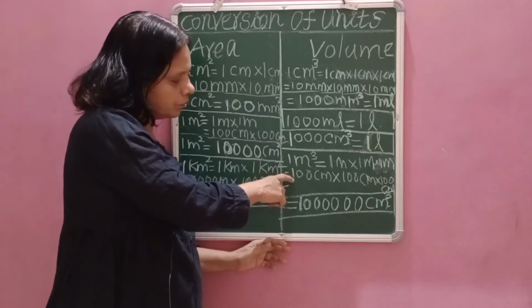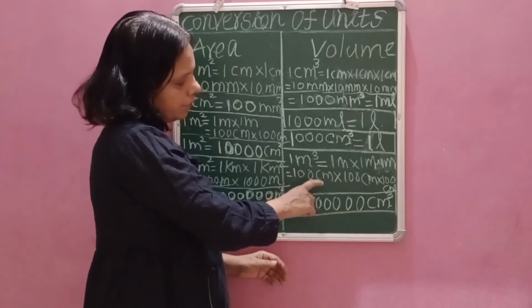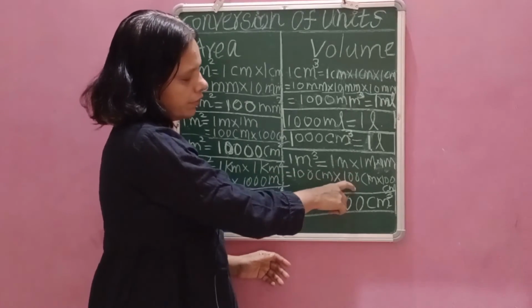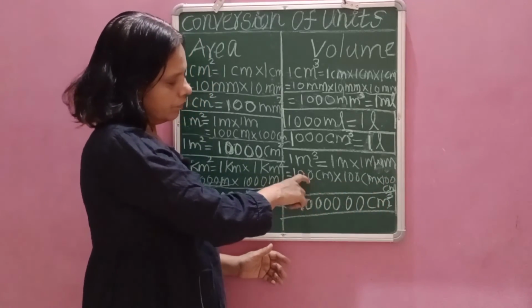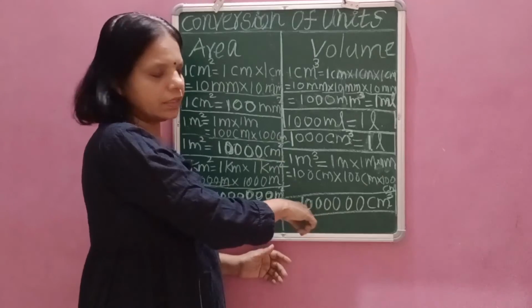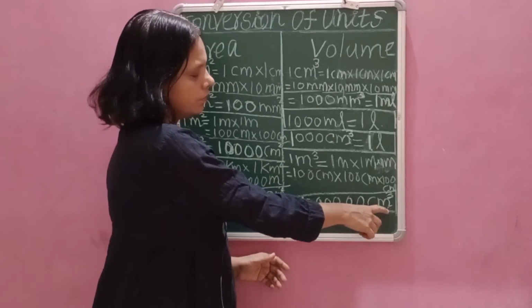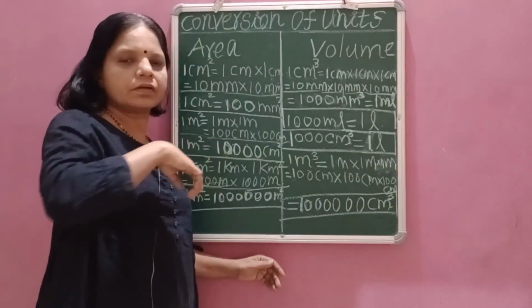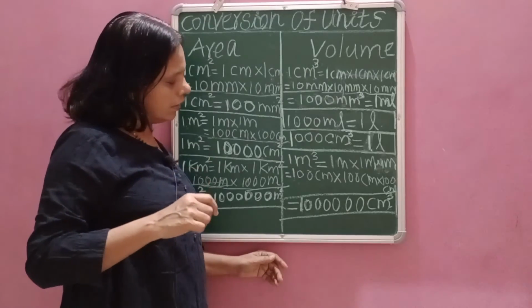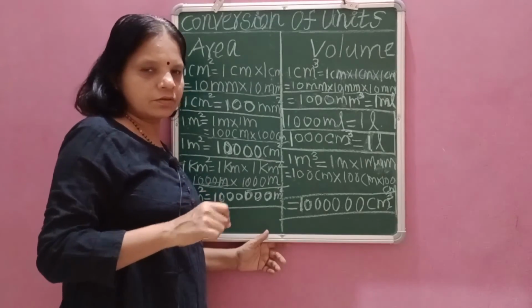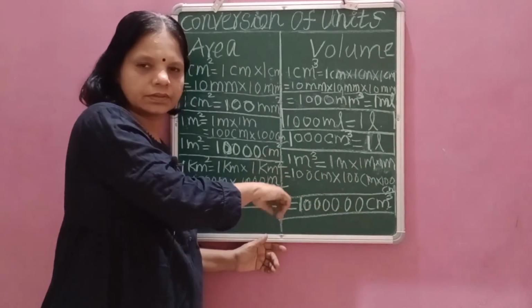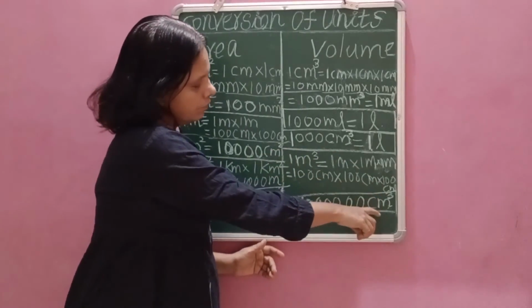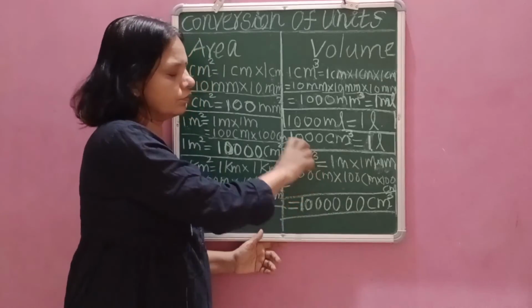Therefore, 100 centimeter into 100 centimeter into 100 centimeter. How did you get 6 zeros? 100 into 100 into 100. So 1 meter cube equal to 10 lakh centimeter cube.